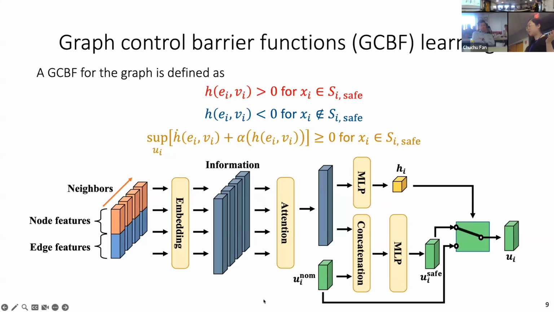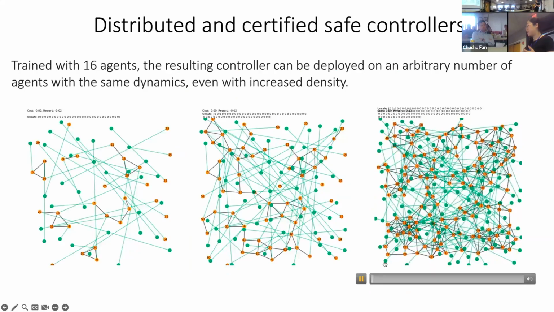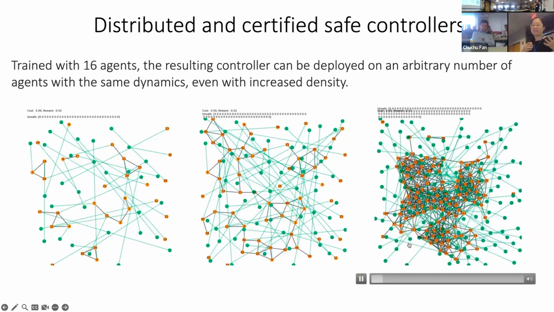So the agent already has some sort of controller to drive it to its destination, and this barrier function will chime in when an action could be unsafe, and perturb the nominal controller to make sure it's also safe.